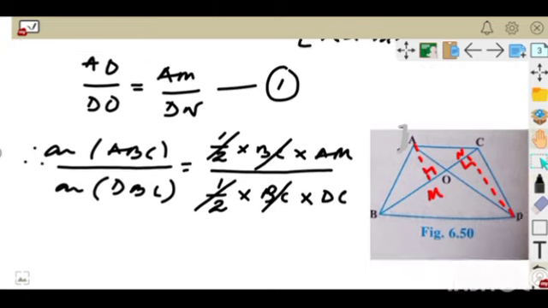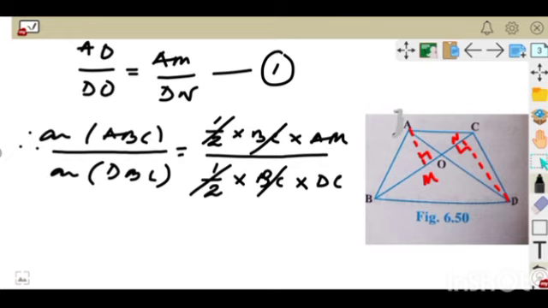Then what do we have now? We have AM by DN. Look at equation 1: AO by DO equals AM by DN. Sorry, this should be DN, since DN is perpendicular to BC.